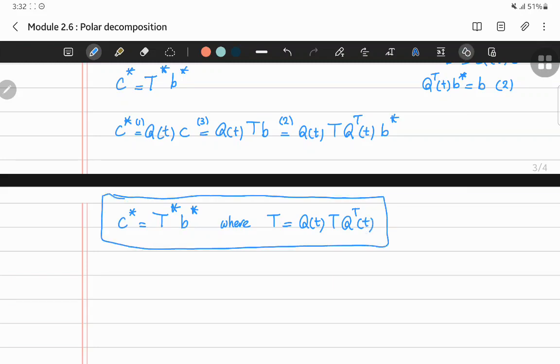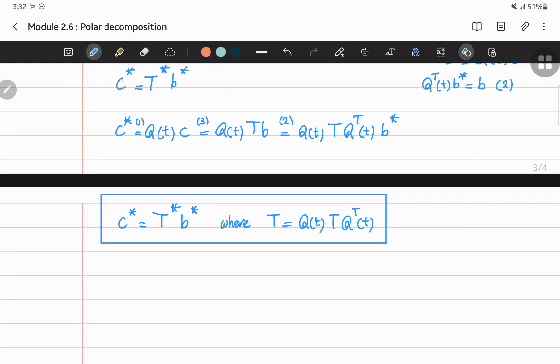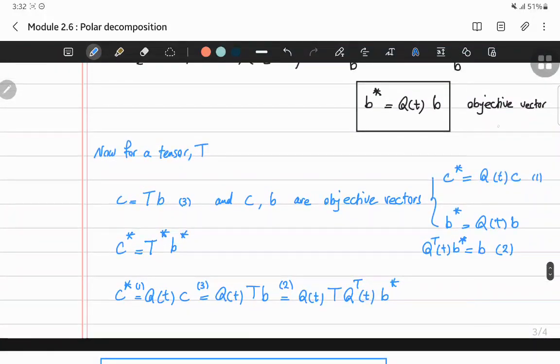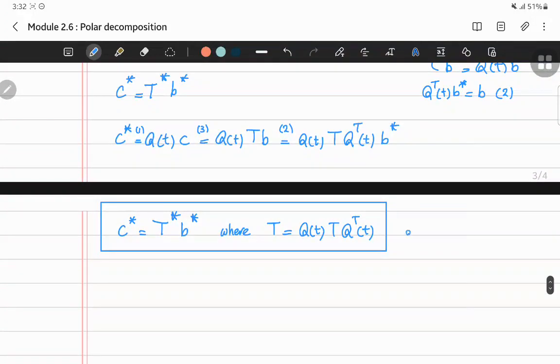So you can see here that, again, similar to the objective vector, this is an objective tensor.